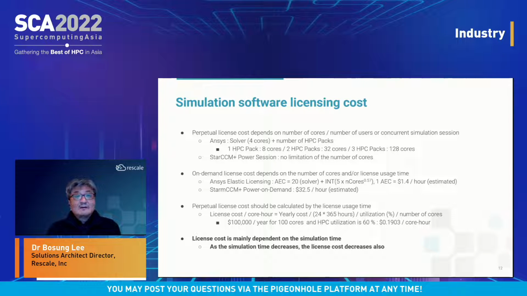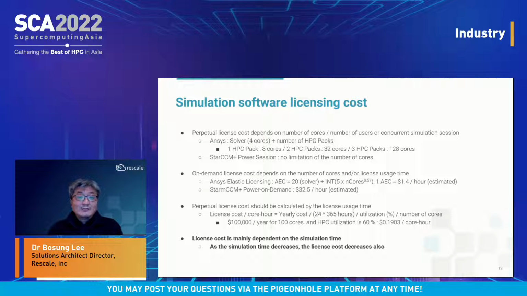Meanwhile, as the HPC cloud becomes widely used, the ISV vendors also provide on-demand licenses for cloud usage. The on-demand license model is charged based on the time of usage in addition to the number of cores or the number of concurrent simulations. For example, the ANSYS elastic licensing model is calculated by the above complex formula, and it is named the AEC license.